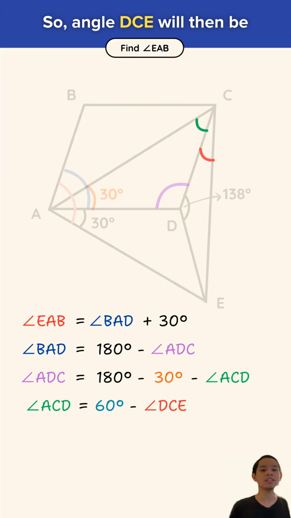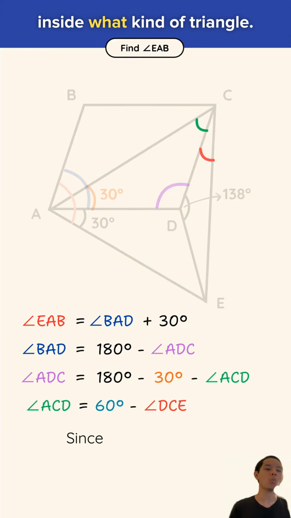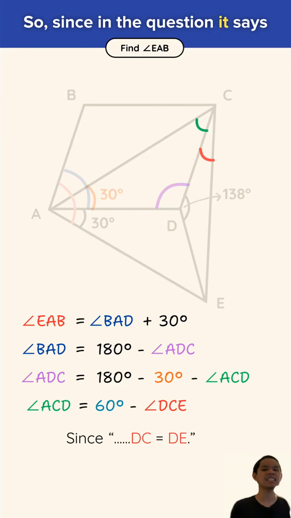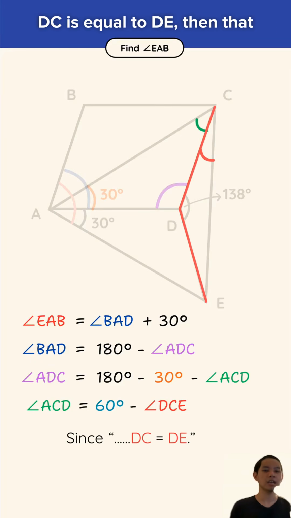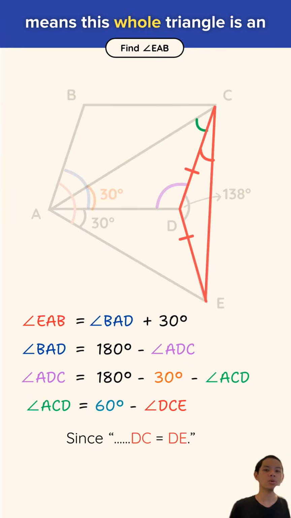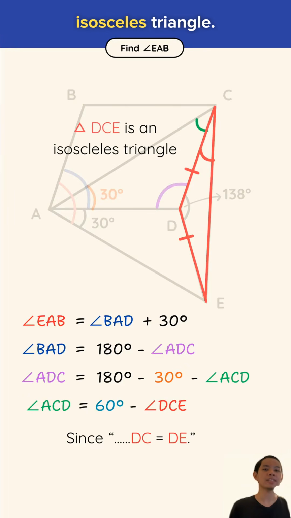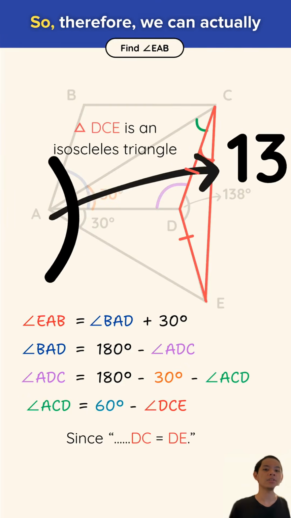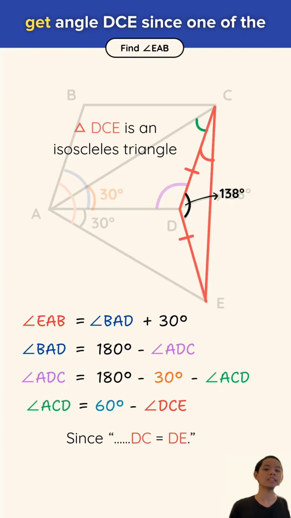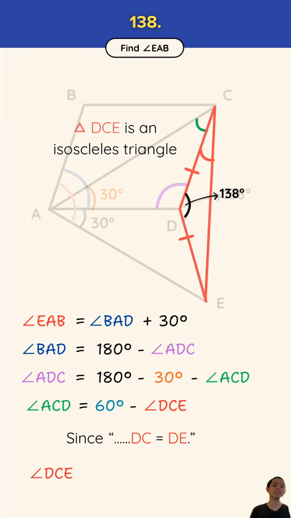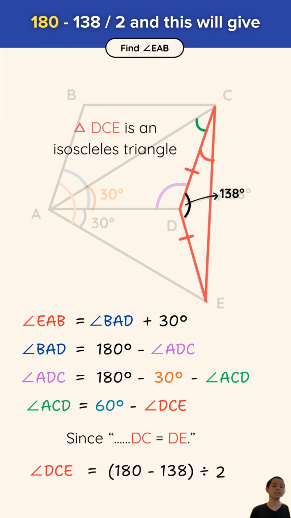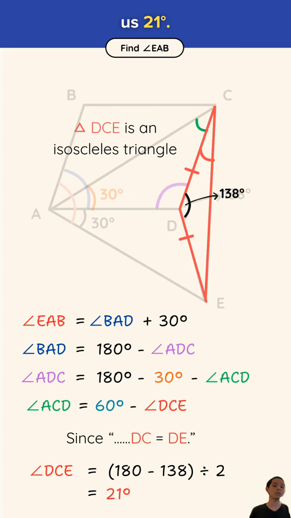So angle DCE will then be inside what kind of triangle? Since in the question it says DC is equal to DE, that means this whole triangle is an isosceles triangle. Therefore, we can get angle DCE since one of the angles is 138. So that means angle DCE is 180 minus 138 divided by 2, and this will give us 21 degrees.